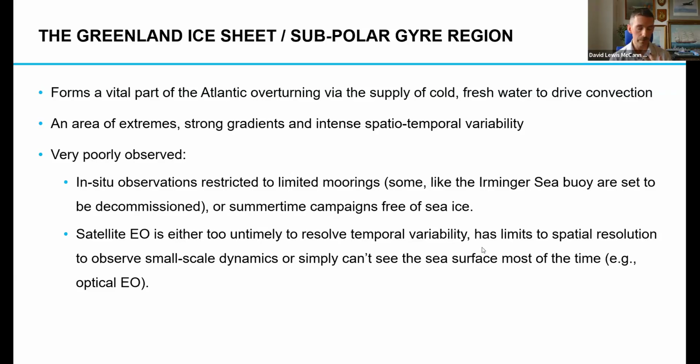So we have very few in situ observations, and they're restricted to summertime campaigns that are free of sea ice, or to limited moorings like the OSNAP array, which of course doesn't look at the surface, but rather the subsurface. Or some like the Irminger Sea OOI mooring, which is unfortunately going to be decommissioned soon, are very limited in their spatial extent.